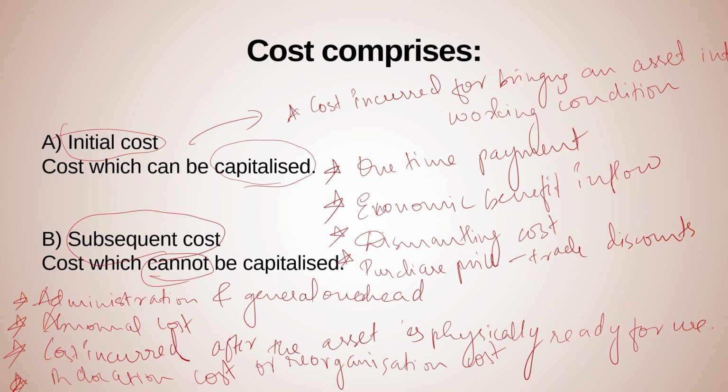If there is any relocation cost or reorganization cost, it will also not be capitalized. These are the costs which will be included under subsequent cost, which cannot be capitalized. Administration and general overhead will not be included. Abnormal cost will not be included. Cost incurred after the asset is physically ready for use will not be included. Relocation cost and reorganization cost also will not be included.